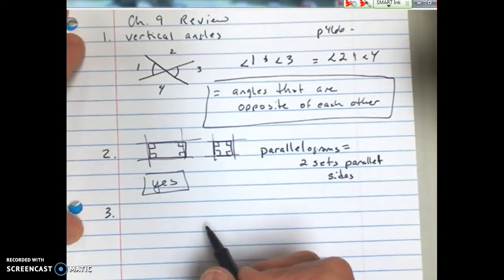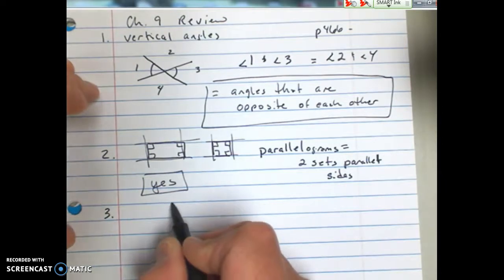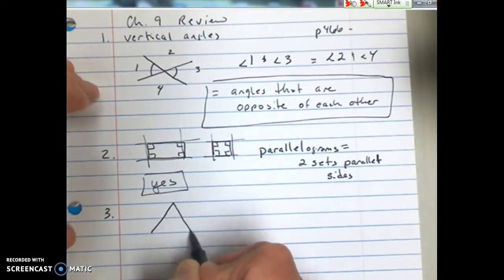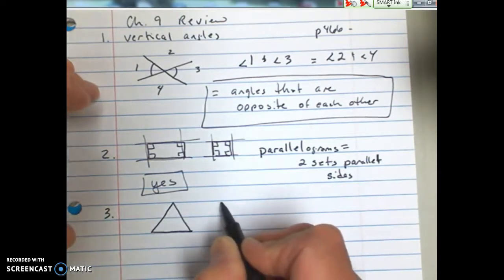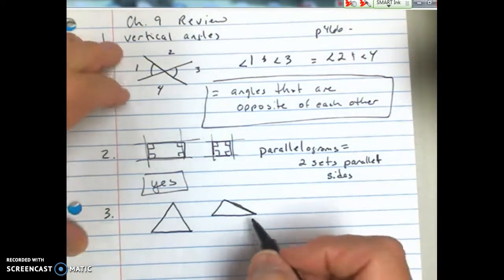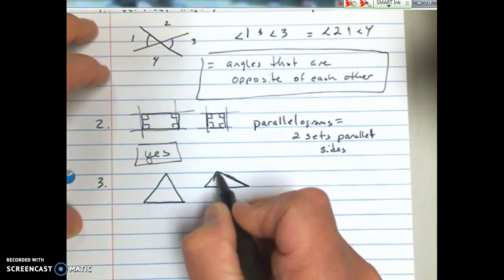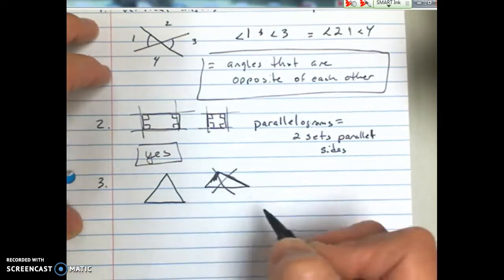Number 3, how many acute angles does an acute triangle have? So let's draw an acute triangle. An acute triangle could look like this. But acute triangles are triangles that have all acute angles. Well, this one here probably is not an acute triangle. That's an obtuse triangle. We can't use that one.